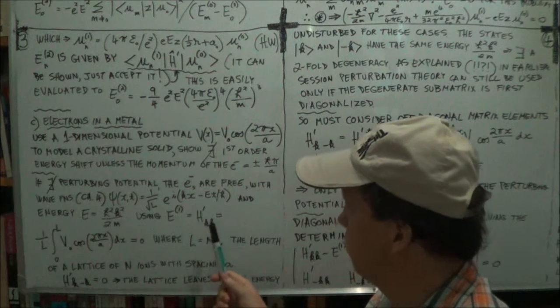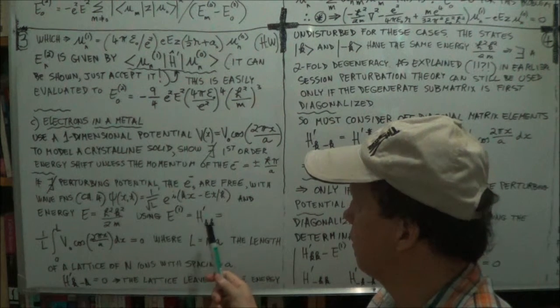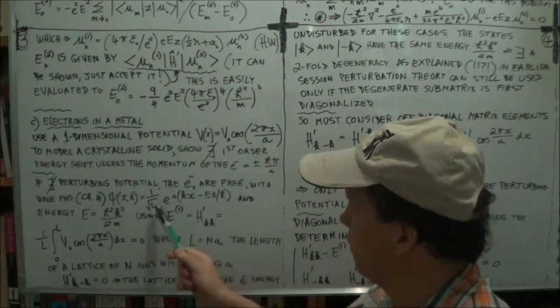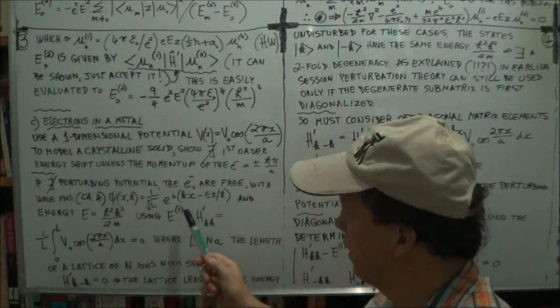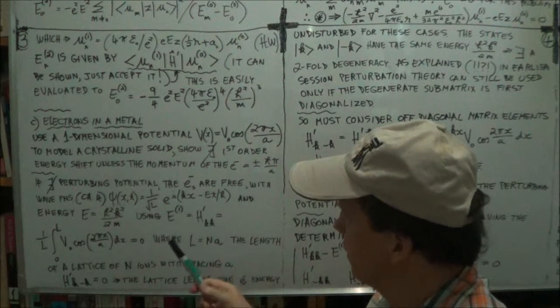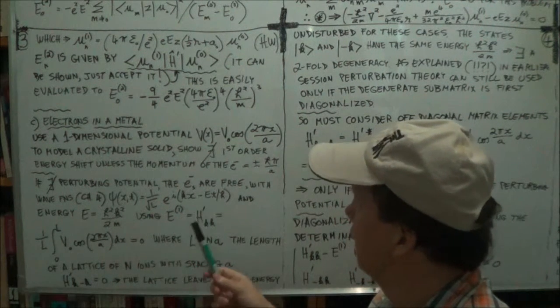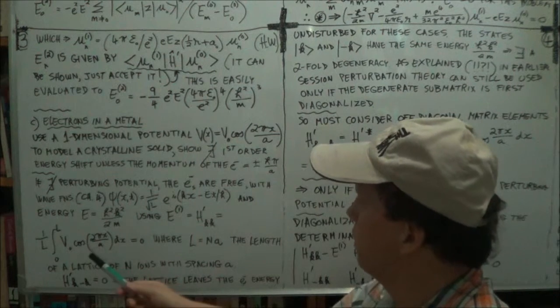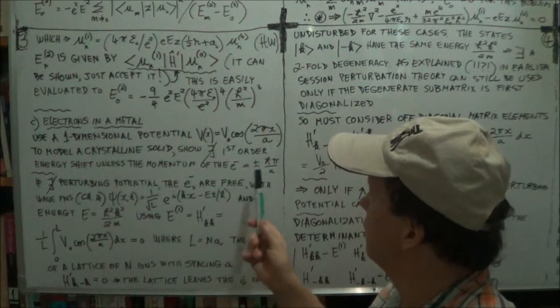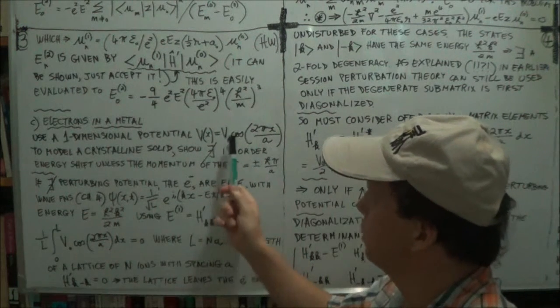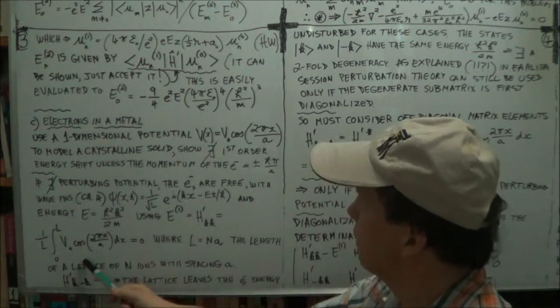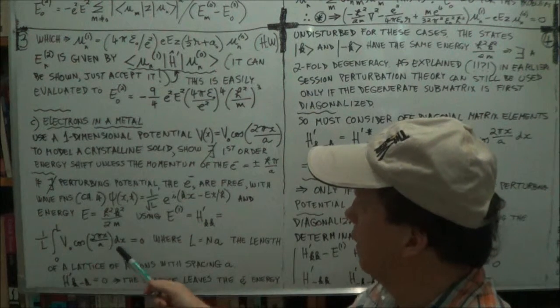So just plug in, so the eigenfunction would be this, conjugate it, so it'll become minus i. So let's see, your potential is this, right? That's your perturbing potential, plug that in, so you get this.